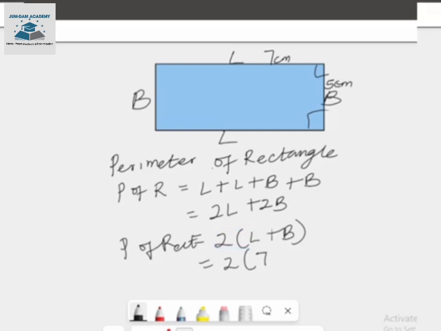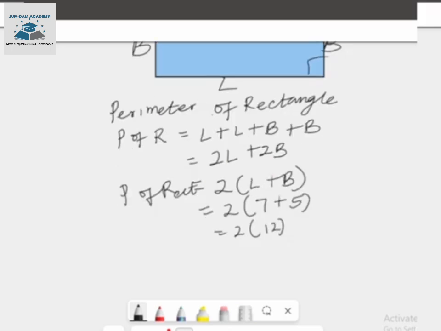Since the length is 7 plus the breadth is 5, I can simply say 2 open brackets 7 plus 5 is 12. And that tells me that I should multiply it whenever you have numbers separated by brackets. So you should say 2 times 12. 2 times 12, and that is 24 centimeter, should the unit be in centimeter. So whatever the unit is, is what I give.